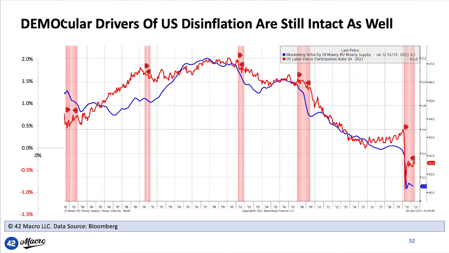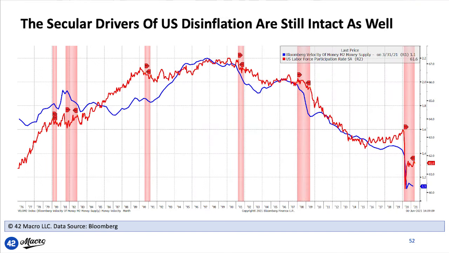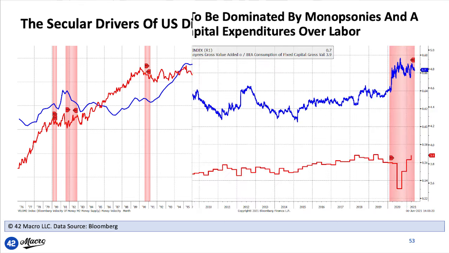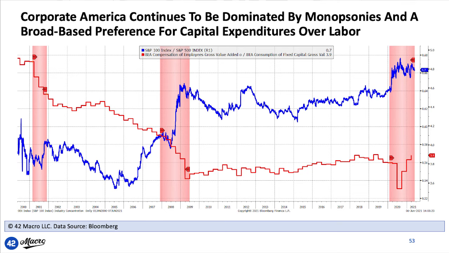On slide 52, the secular drivers of disinflation are still intact as well. You're looking at money velocity relative to the labor force participation rate. It's like, yeah, no wonder we had so much disinflation in the last couple of decades. This is why. On slide 53, you look at corporate America, they continue to be dominated by monopsonies and broad-based preference for CapEx over labor.